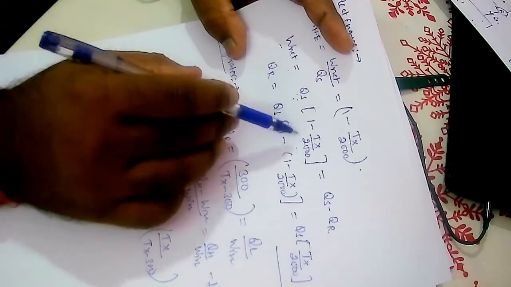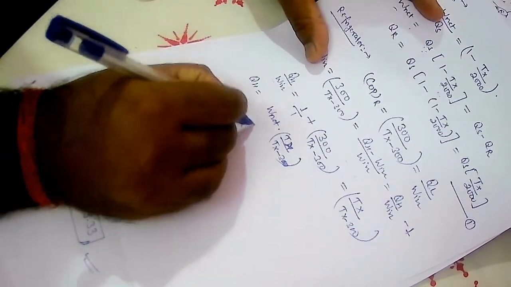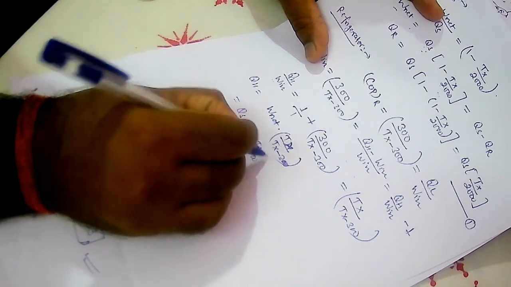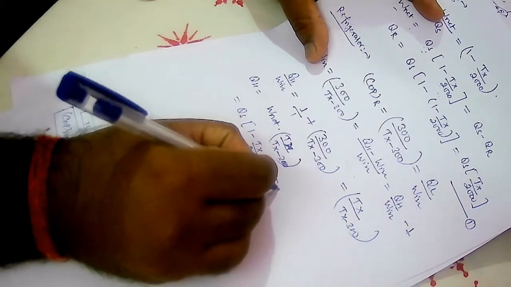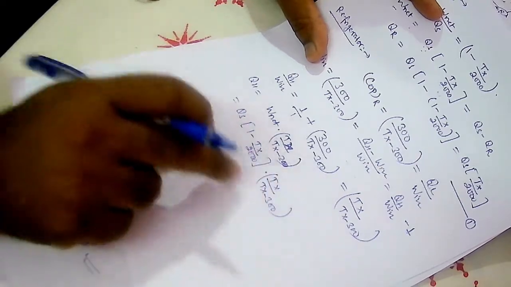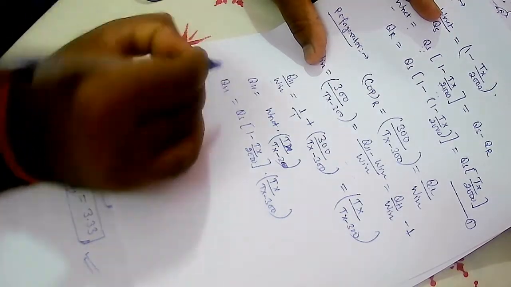So you write Qs times 1 minus Tx divided by 2000, into Tx divided by Tx minus 300. This is QH. This is equation number 2.